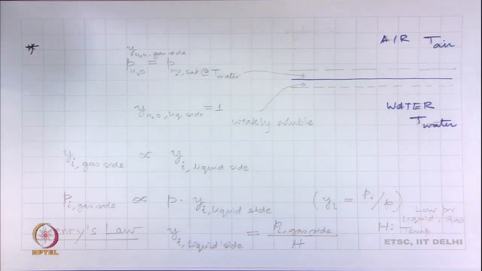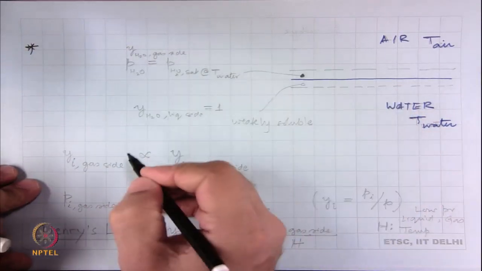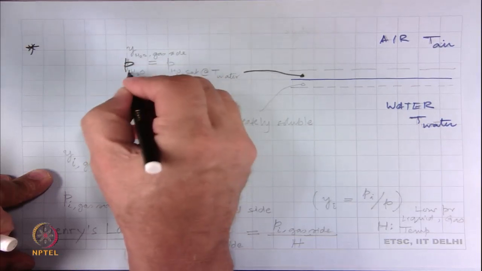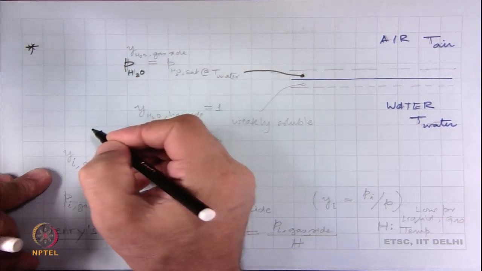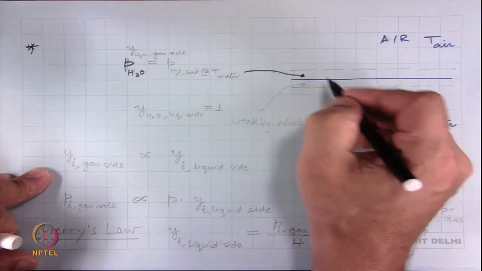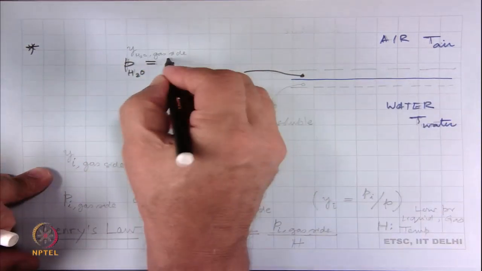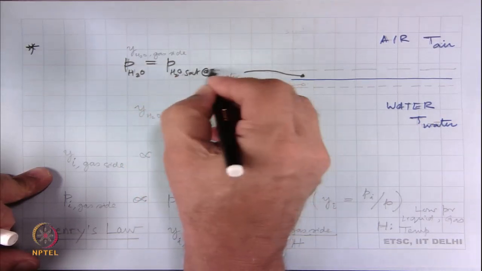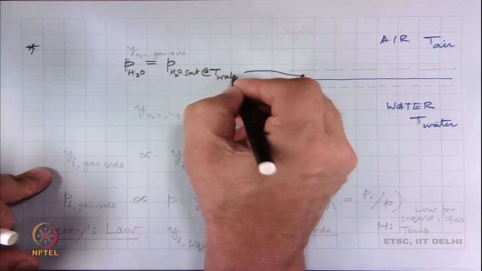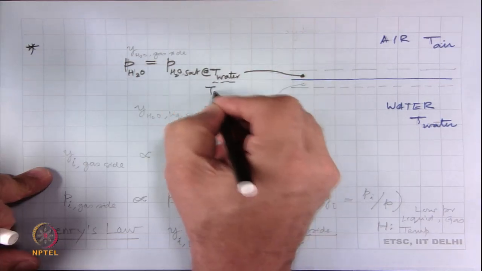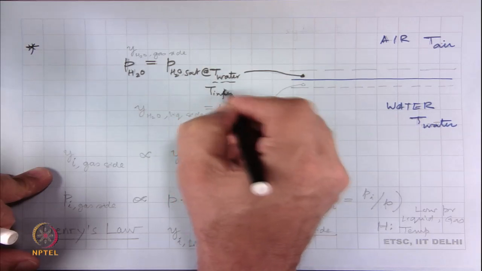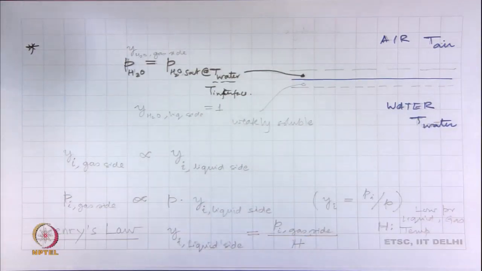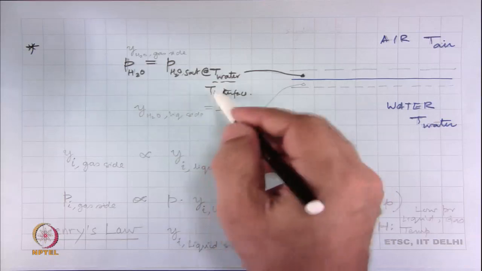And now, what we are saying is, what is the equilibrium condition over here, and for that we might have already used this in some cases, that the partial pressure of water in the air just above the water surface will be equal to the saturation pressure of water at the water temperature, or strictly at the interface temperature. If the two temperatures are not very much different, that doesn't make much difference, but if they are very widely different, then we have to worry about the interface temperature.